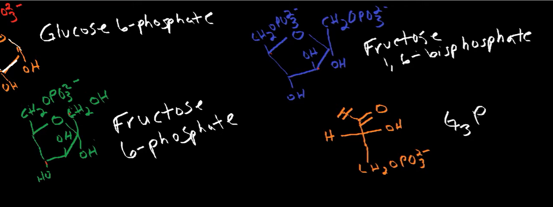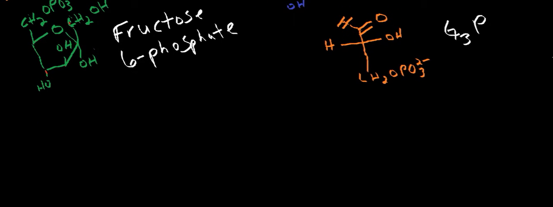So we're almost there. After G3P, we also have DHAP. I'll actually draw the structure for you instead of just writing it. DHAP is an easy structure that you can remember.